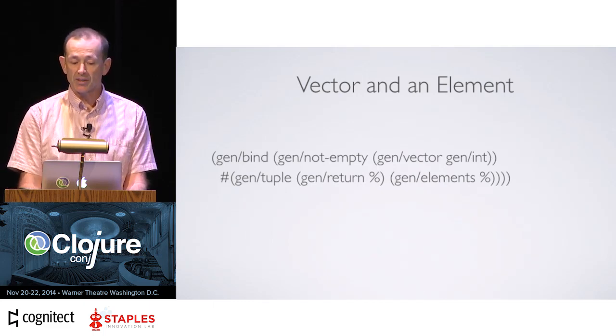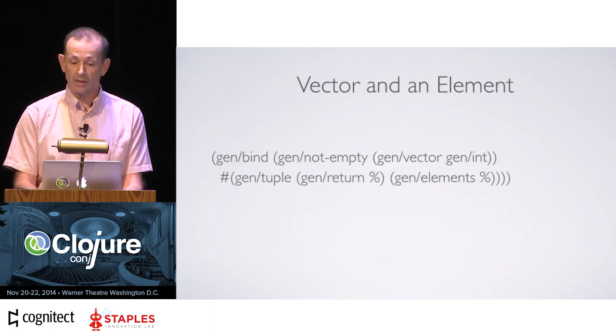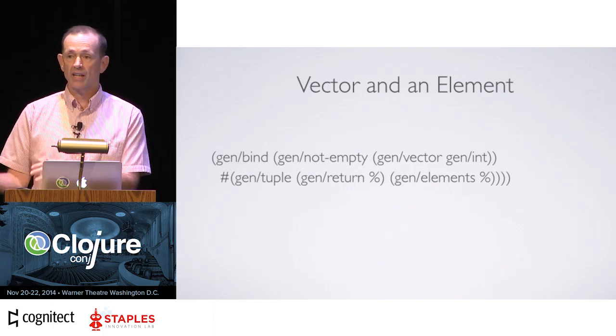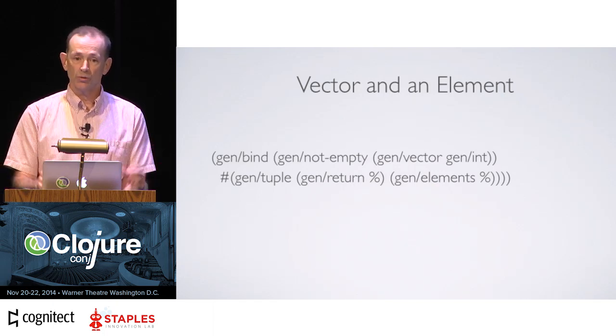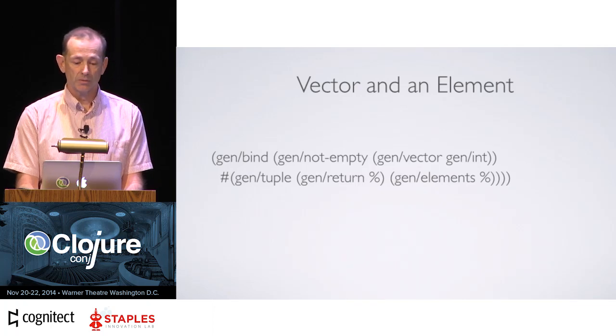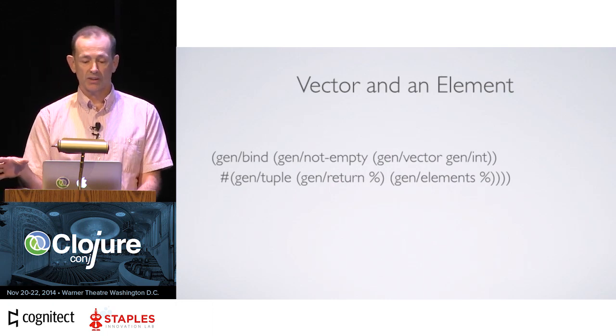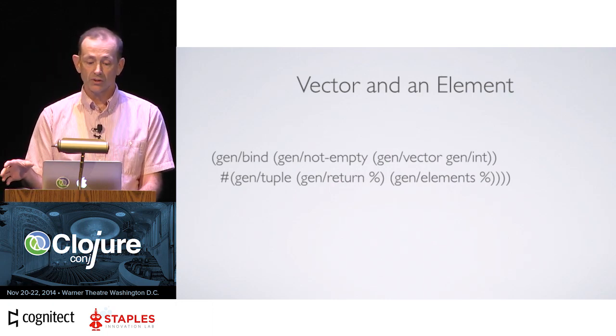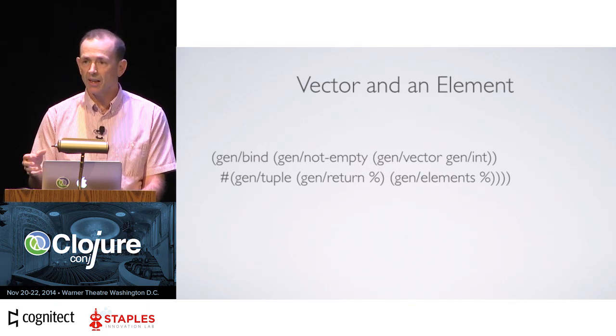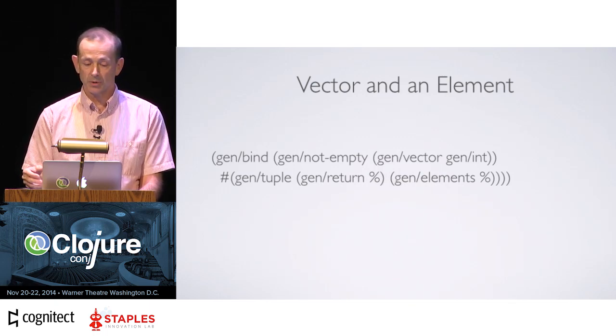We're going to modify that by saying we don't want the empty vector. So we say not empty on that generator, and that will exclude the empty vector. Now we're taking bind, taking the result of this vector of ints, feeding it into a function. This is an anonymous function, but inside that is just another generator expression.